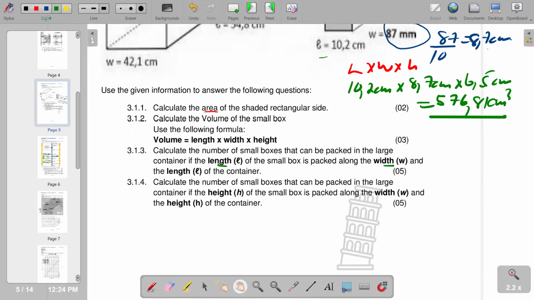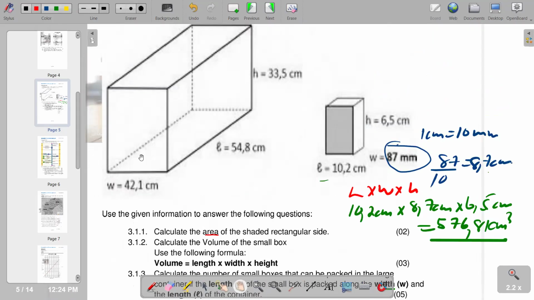So for the calculation, we check the width of the box, which we are given as 42.1.